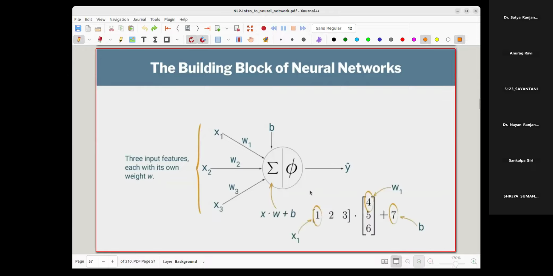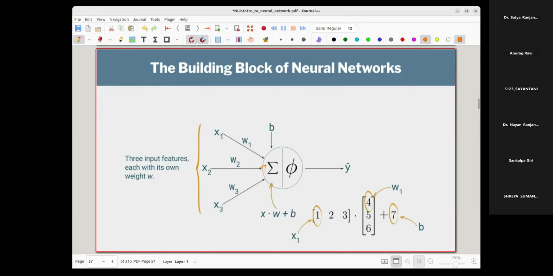Now what is this summation doing? x into w plus b.